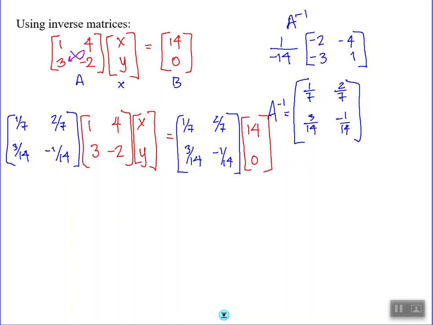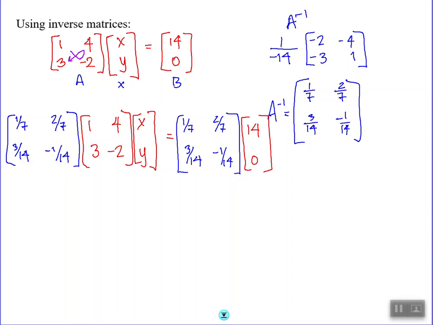Then remember how to multiply matrices. Since we have A inverse times A on the left side of our equation, that should end up with the identity matrix, but we're going to go ahead and multiply it out so we can double check our work.